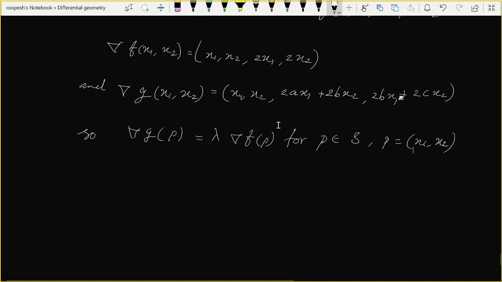That occurs if and only if the coordinates are the same. That is, 2a x1 plus 2b x2 should be equal to lambda times 2x1, that is, 2 lambda x1.